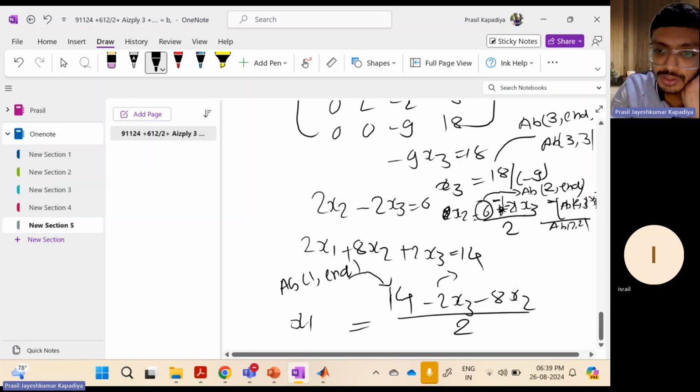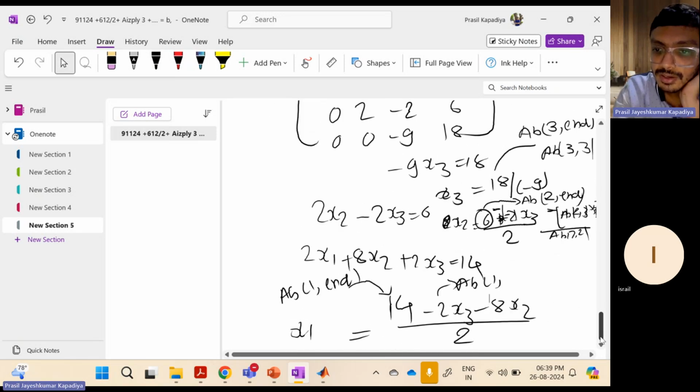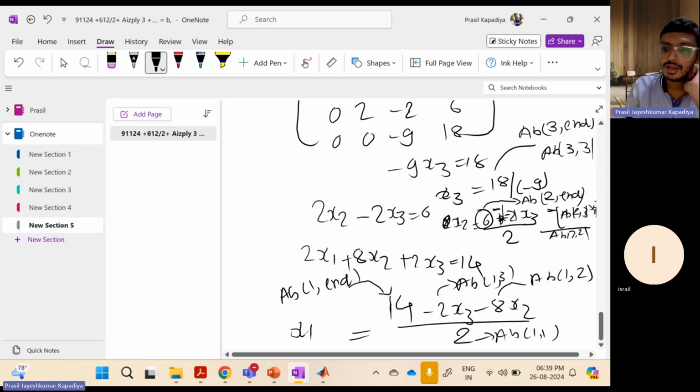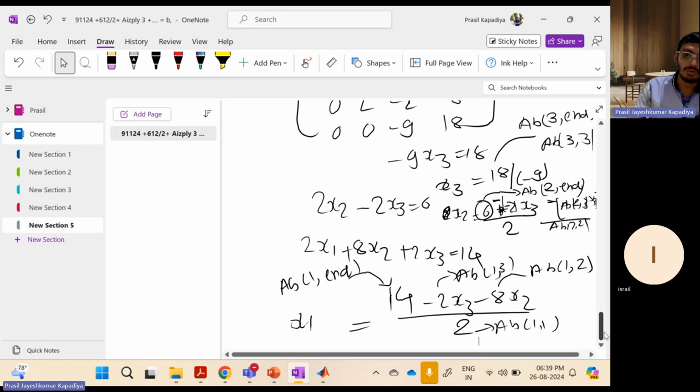Then what is 2? Augmented matrix first row and third element. Correct? And 8 is the same augmented matrix first row second element, and 2 is augmented matrix first row first element. Okay, so this equation we need to convert into code.